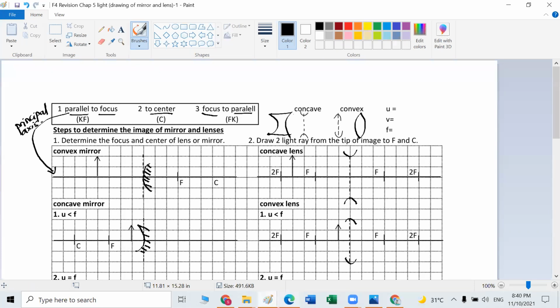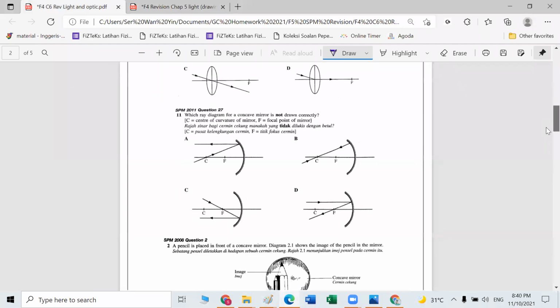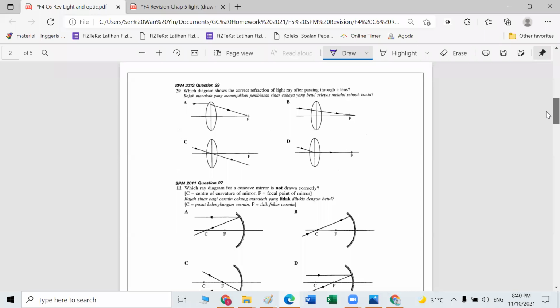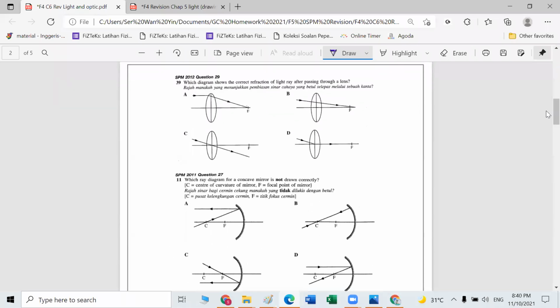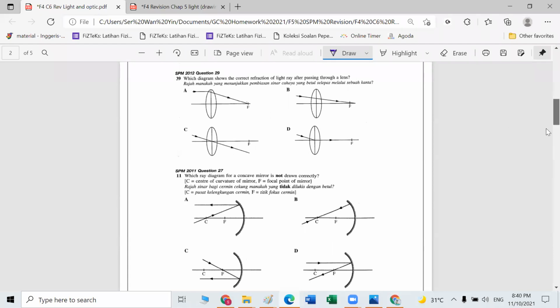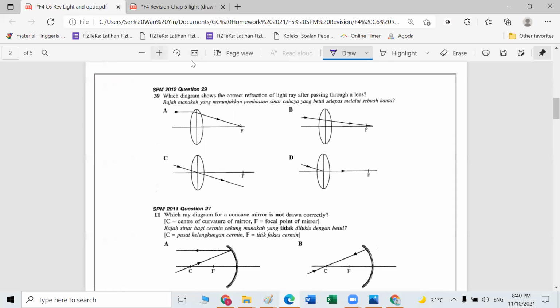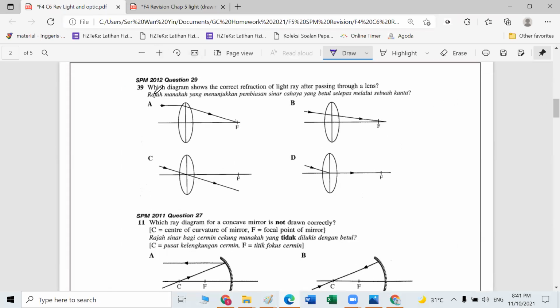Okay, so now we can look back to this one. Here 39 and 11. The light passes through lens and the light passes through the mirror. Mirror. Okay, now see, this is called KF.